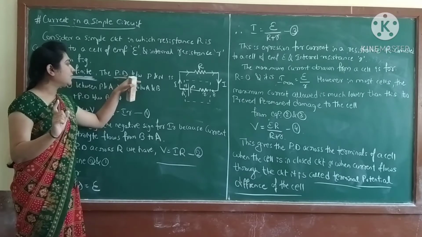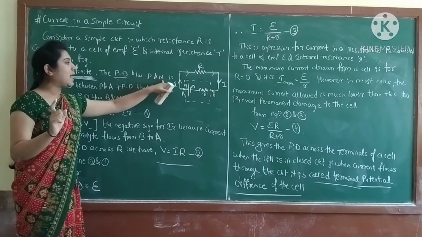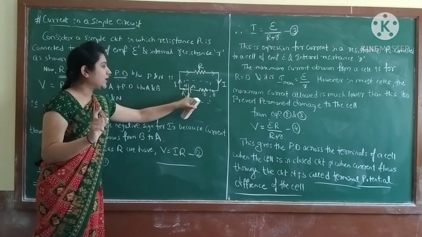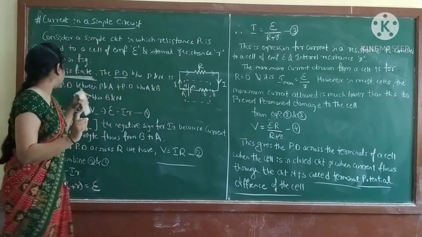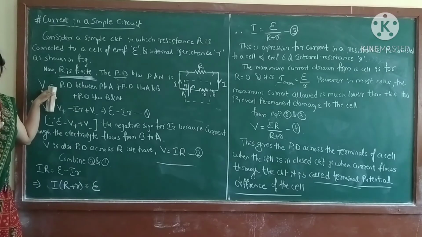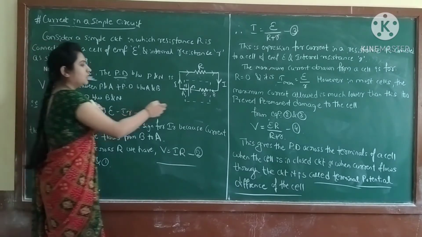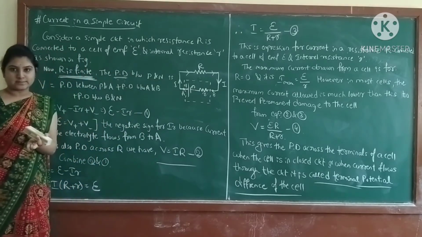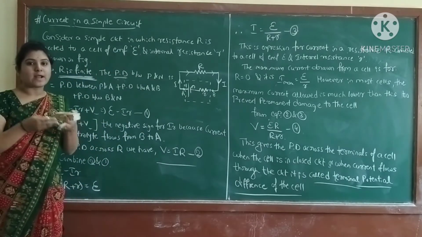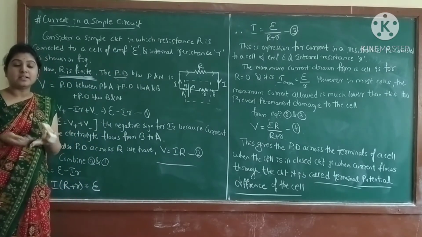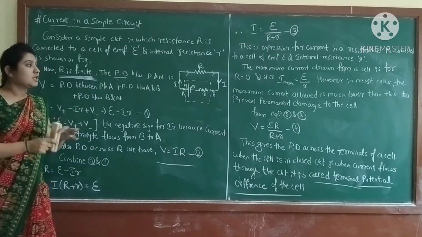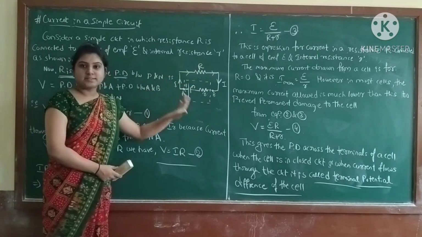So the potential difference between P and N, how much is it now? That is V. See, the potential difference between the two electrodes, the positive electrode and the negative electrode, is nothing but the total potential difference present in this circuit.